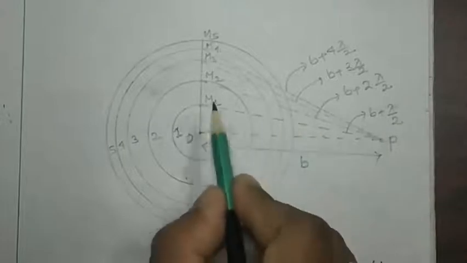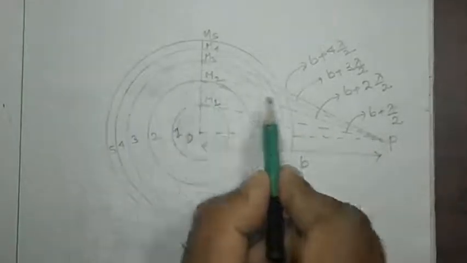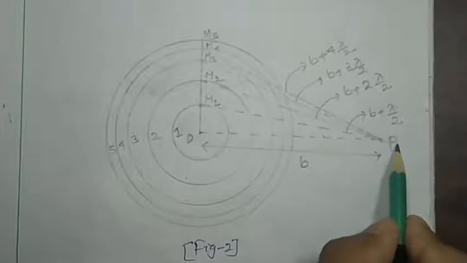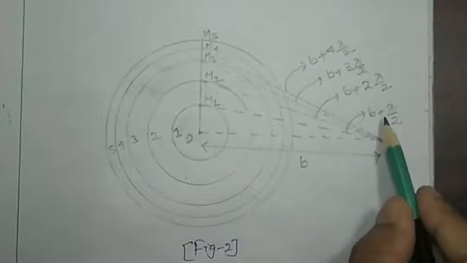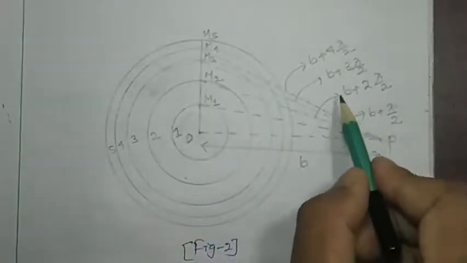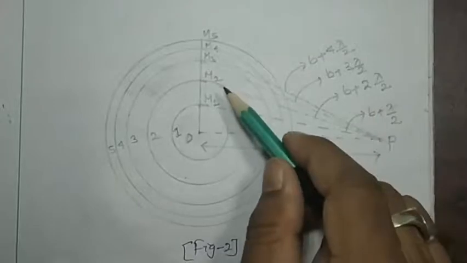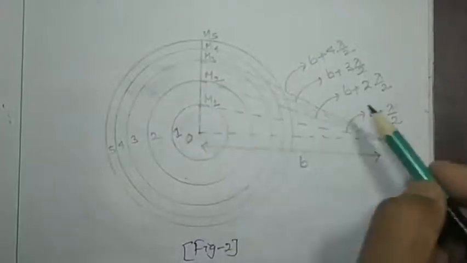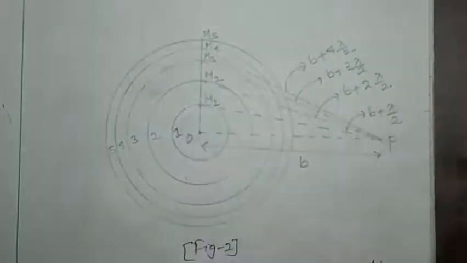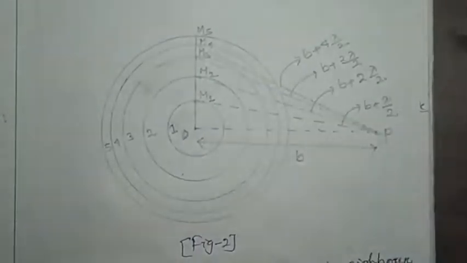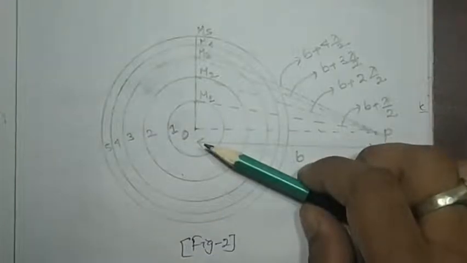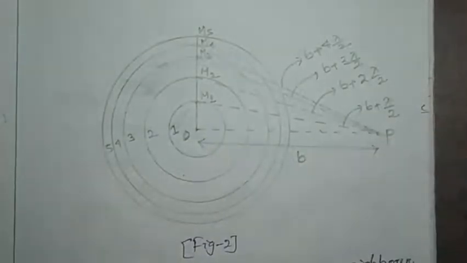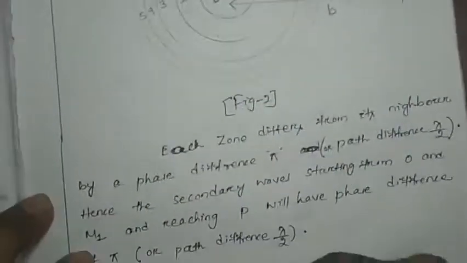Likewise, the path difference between M2 to P and M1 to P is lambda by 2, because M1 to P is b plus lambda by 2 and M2 to P is b plus 2 lambda by 2. Likewise, each consecutive half period zone has a path difference of lambda by 2, or a phase difference of pi, as we discussed in our last class.